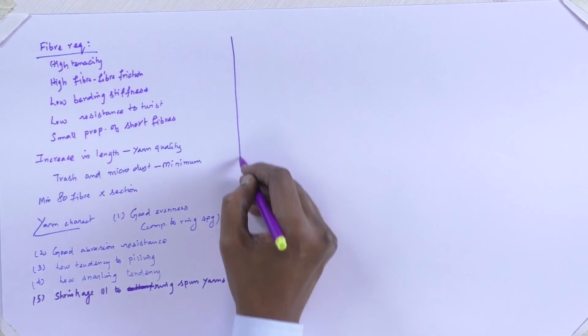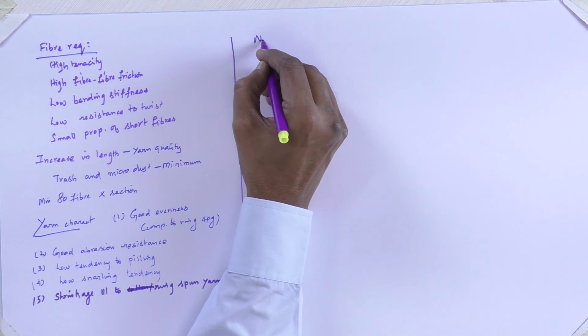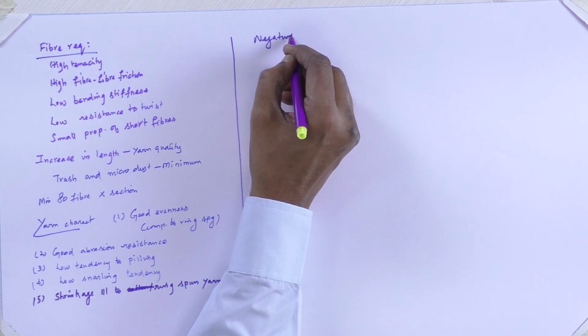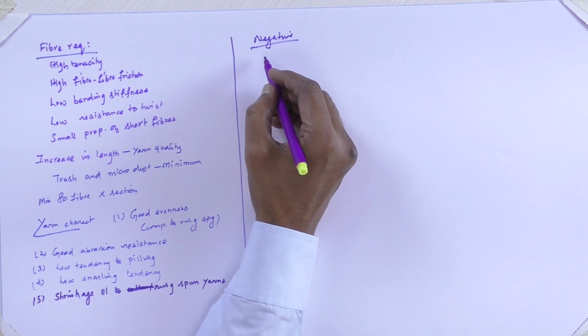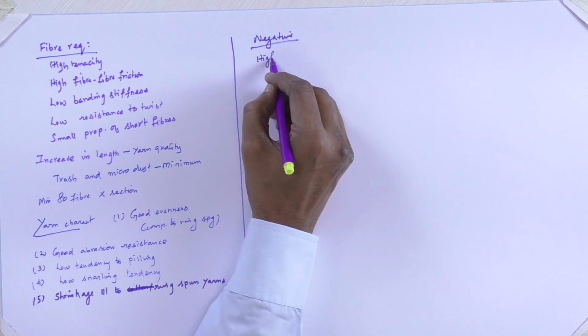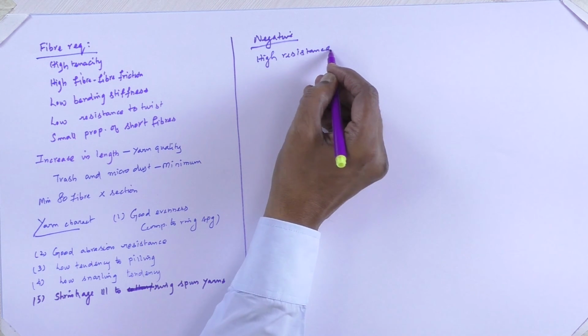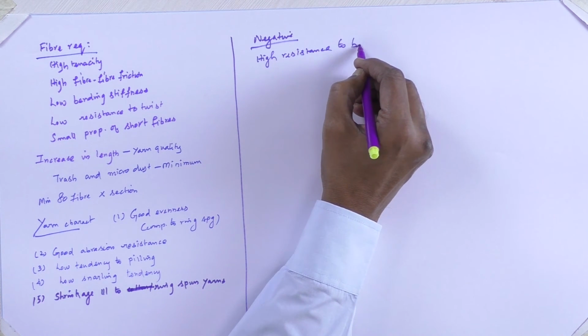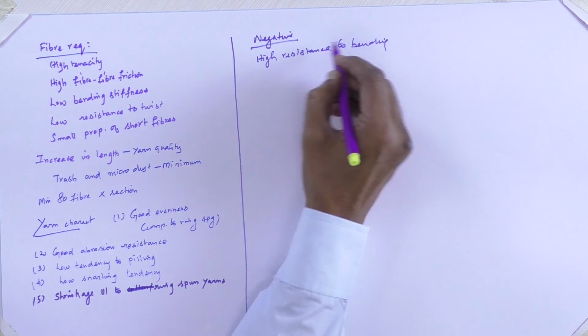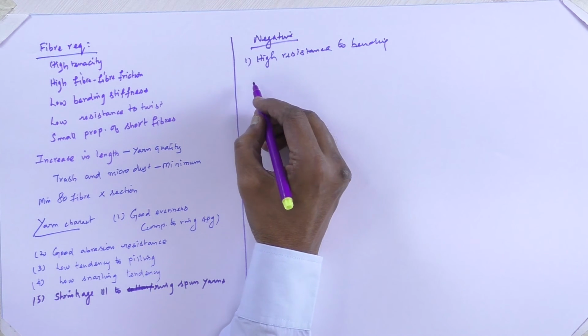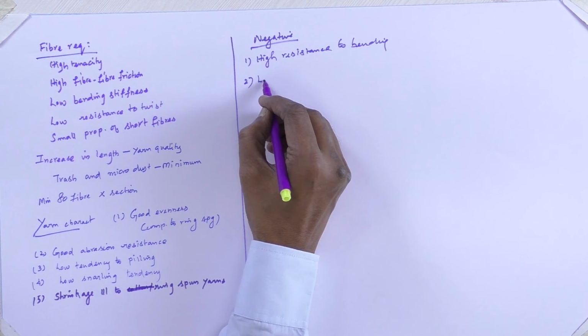Negative aspects. What are the negative aspects? High resistance to bending. The fabric becomes stiff. Then less covering power on the fabric.